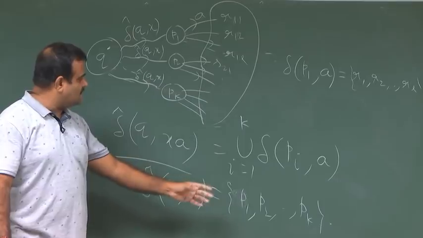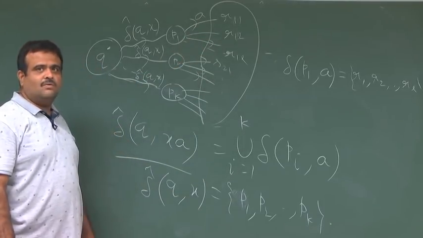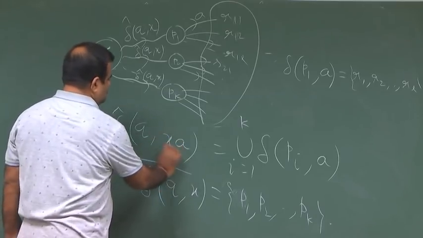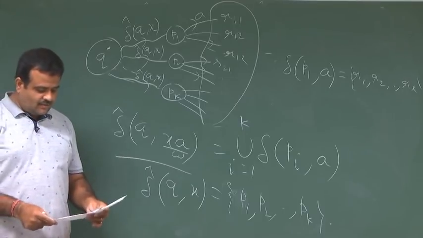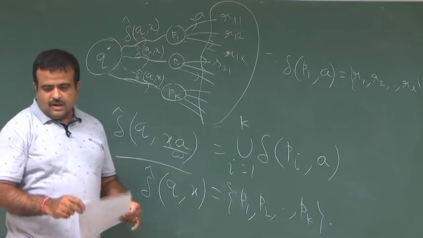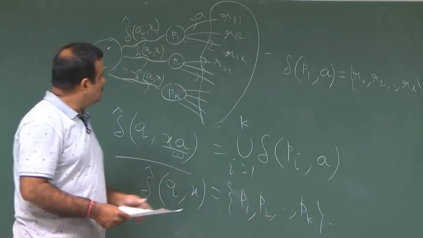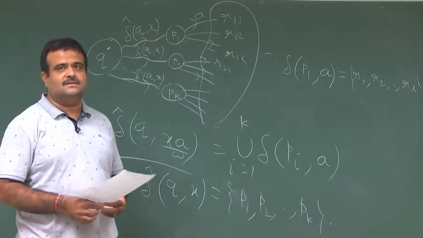That collection, that union, will be delta hat of q comma w, where w is our xa. This is the inductive, recursive way we define this. Now, we can take one example on this, which we will discuss in the next class. Thank you.